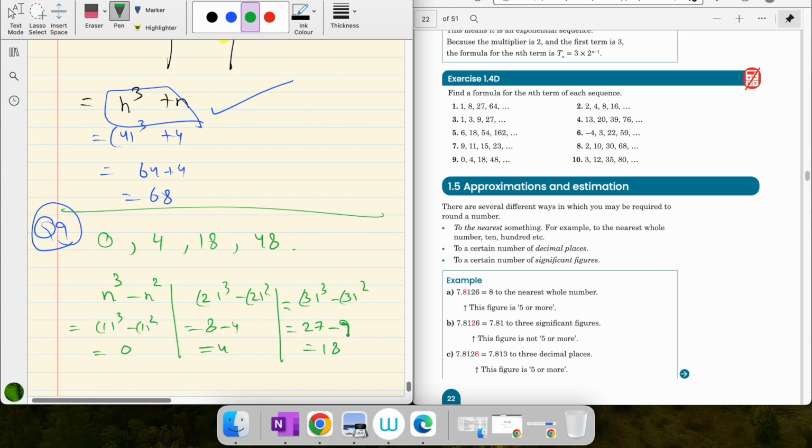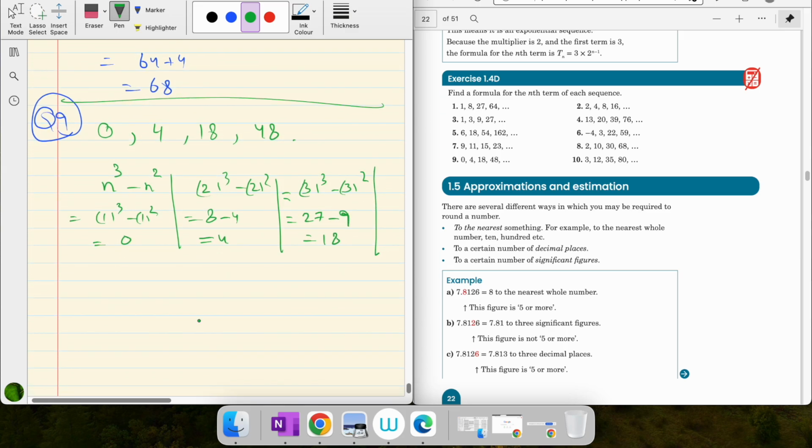Oh, very good. I didn't think of that. And last one is 4 cube minus 4 squared. 64 minus 16 is 48. Excellent. So n cube minus n square.